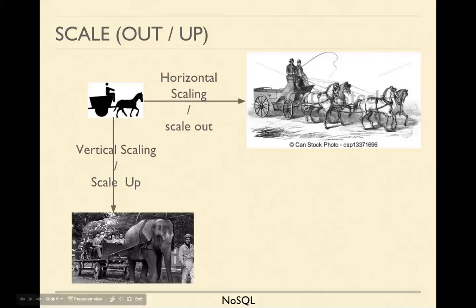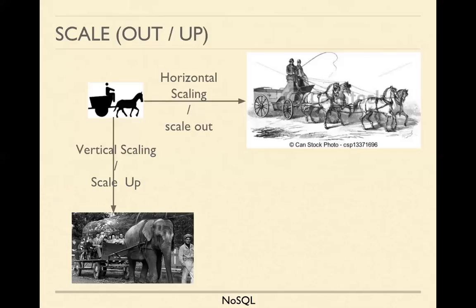Basically, today our load can't be handled by a horse, so let's say we are going ahead with an elephant. Tomorrow, if this load cannot be handled by an elephant, then do we wait for a dragon or a dinosaur, or do we wait for the elephant to become stronger? No, right?